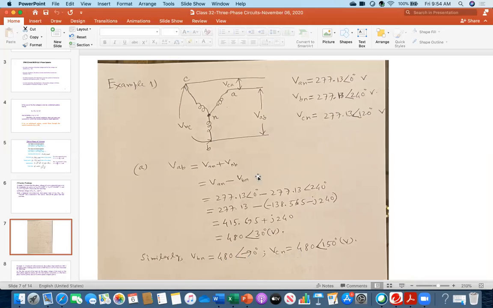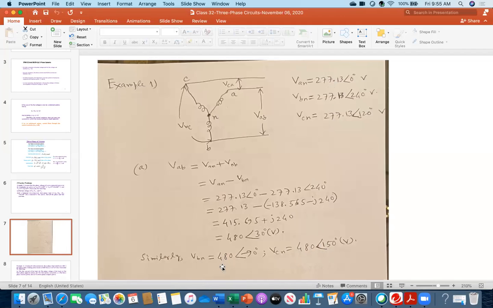Or if you are doing VCA, look at this one. So VCN plus VNA, or in other words, VCN minus VAN. This means if you subtract this one from this one, you should be getting this one.